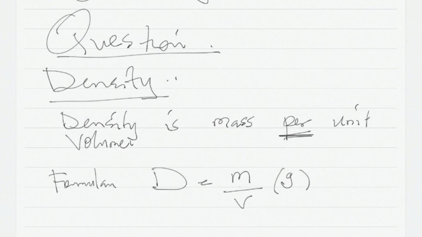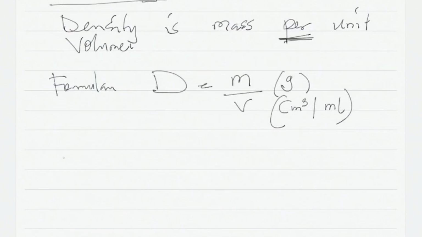Mass is measured in grams, and volume is measured in cubic centimeters or in mils. So where we see mil, 1 mil is equal to 1 cubic centimeter. 10 cubic centimeters is equal to 10 mils. So mil and cubic centimeters are one and the same.